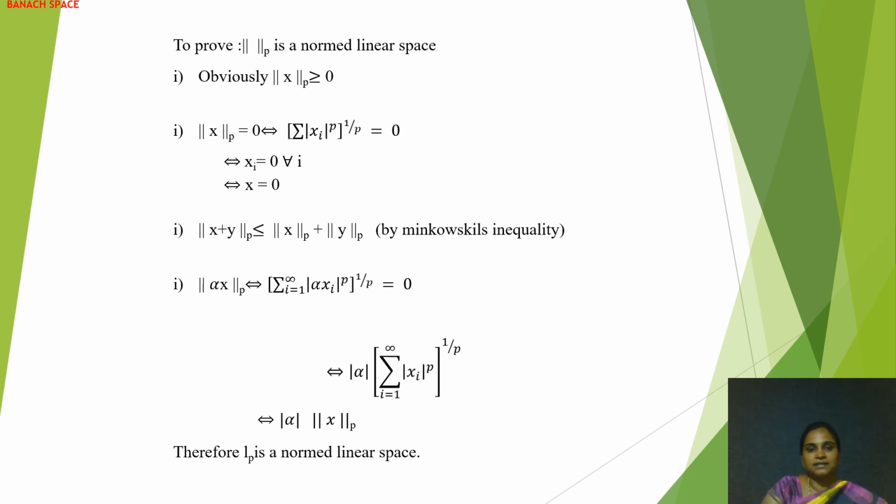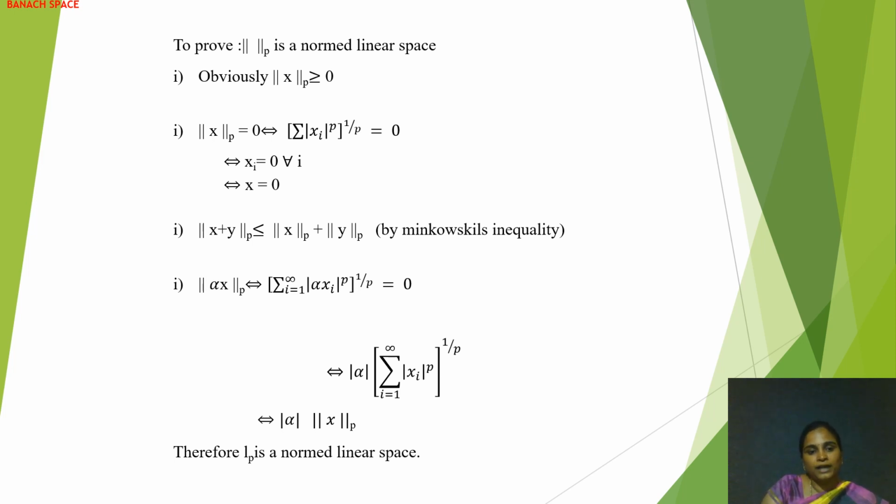Which implies that x_i should be equal to 0 if and only if x is equal to 0. And the third property of the normed linear space is norm of x plus y in l^p is less than or equal to, definitely using the inequality, norm x in l^p plus norm y in l^p. So hence we get the third property also.